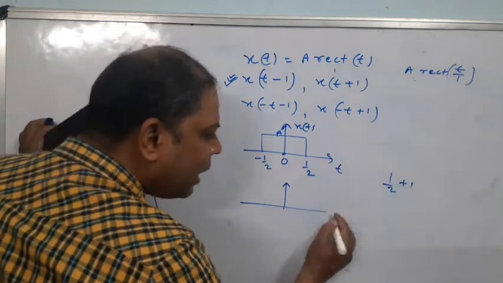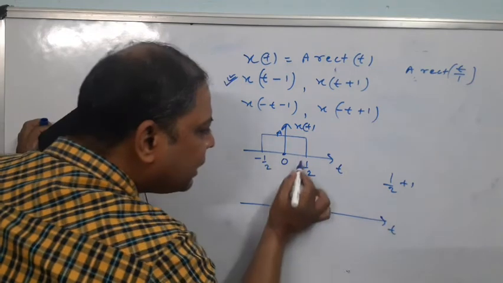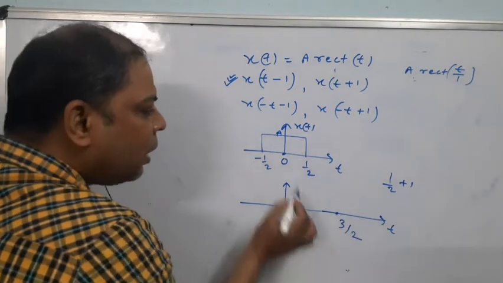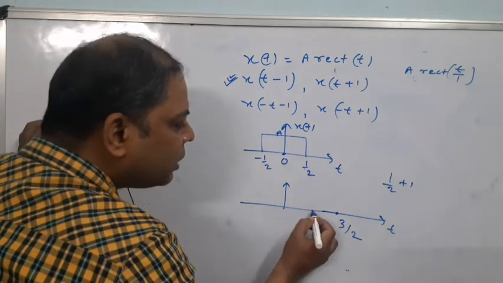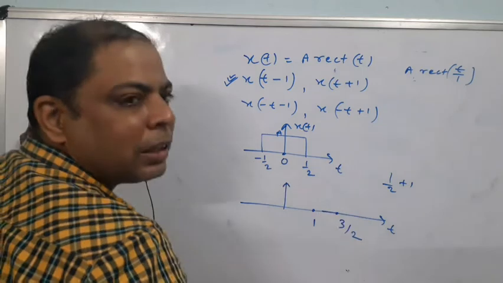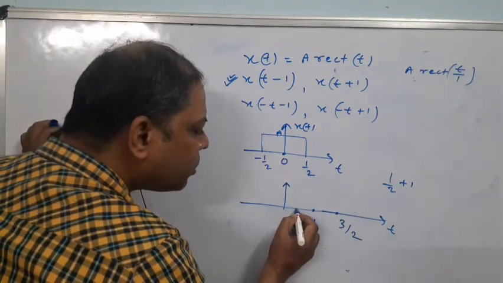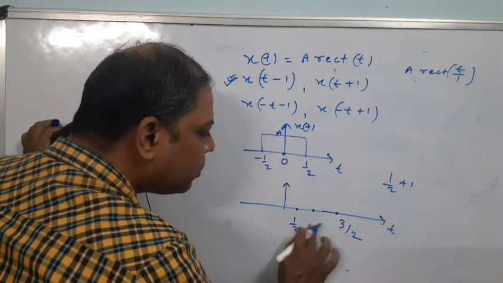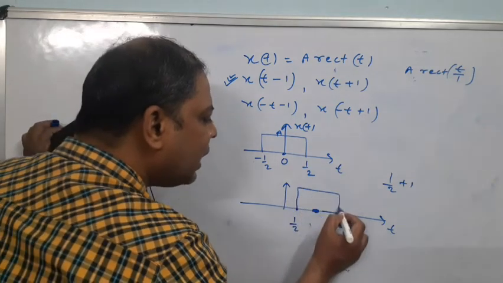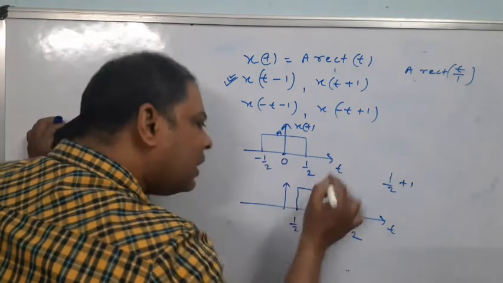So that means you just mark here. If you are shifting, this point comes to 3 by 2. Now 0 plus 1, it is 1. This point comes to 1. Minus 1 by 2 plus 1, that means plus 1 by 2. Try to understand. That means the entire signal is shifted towards right.